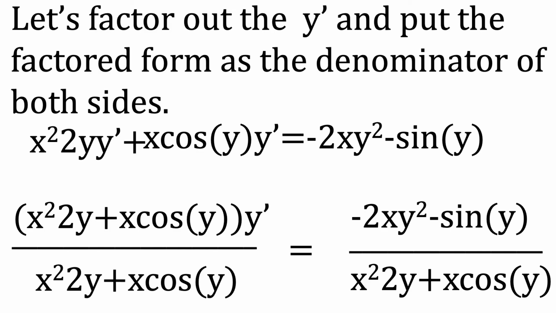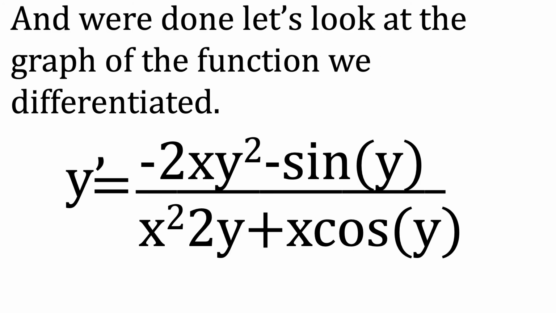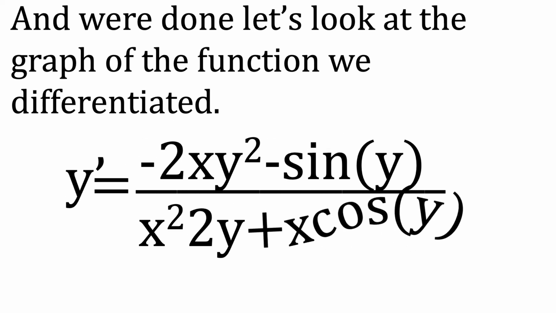Let's factor out the y prime and put the factored form as the denominator of both sides. Look, the x squared times 2y plus x cosine of y cancels, so we just have y prime on the left. And we're done.